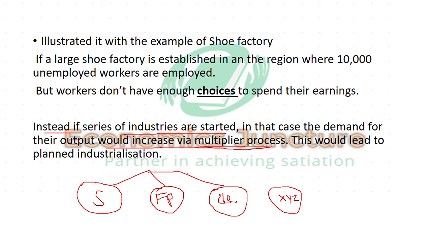So they can spend their income in these industries, and it is likely that they will buy more instead of buying just shoes, because their demand function corresponds to buying a bundle of different commodities, right?